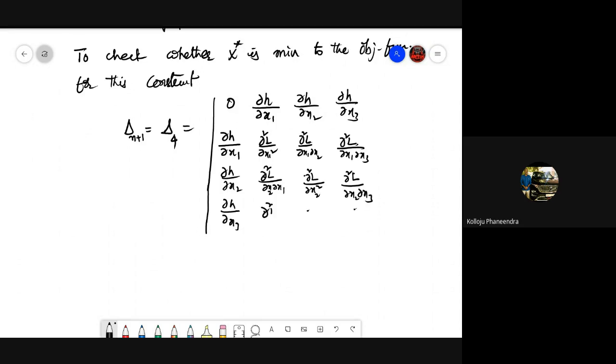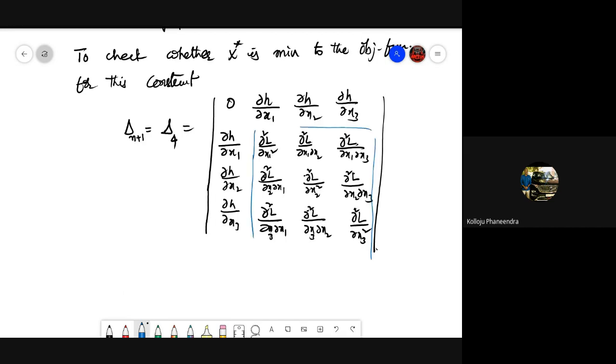Next, dou square L by dou x3 x1, dou square L by dou x3 x2, dou square L by dou x3 square. I told you how to remember this. This part is the second order partial derivatives of L, and treat this as a new matrix with 1 1 position, 1 2 position, 1 3 position, like that.